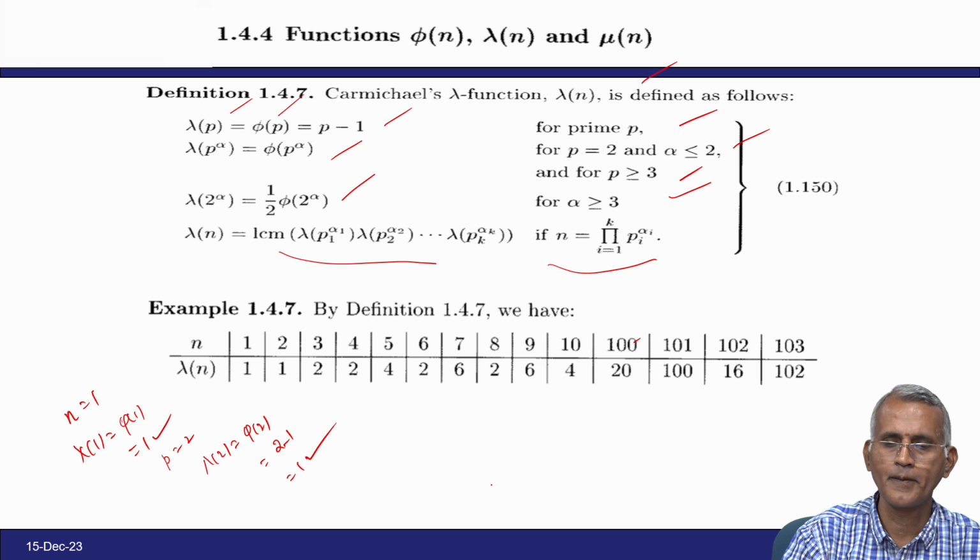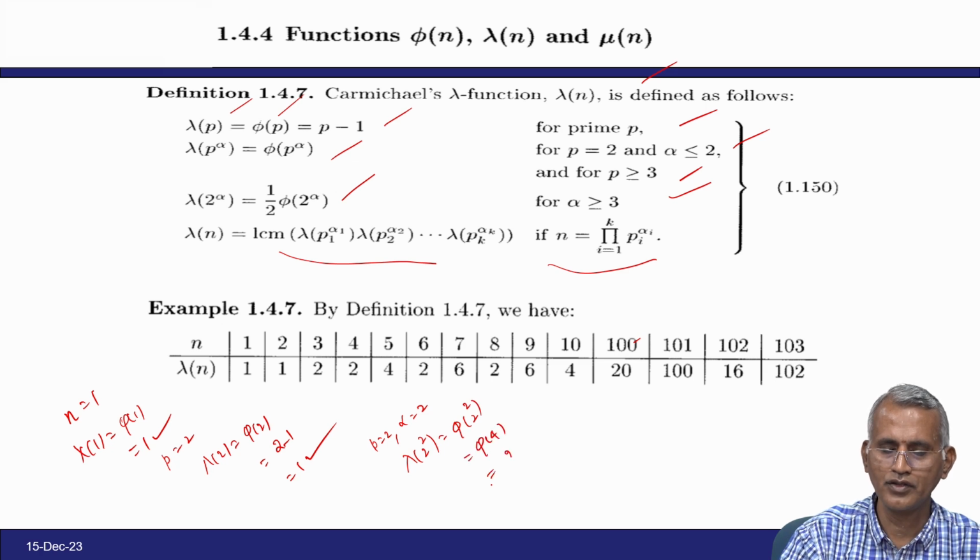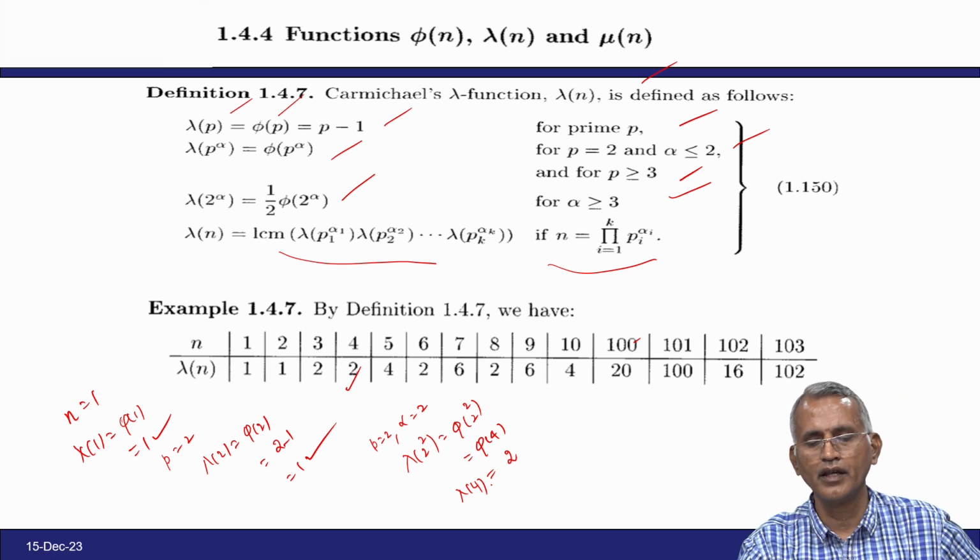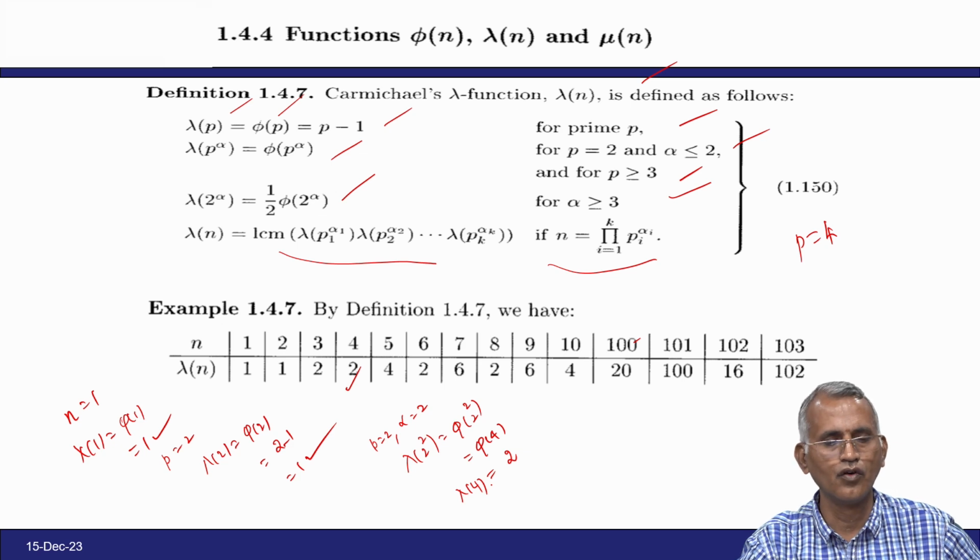If you take p equal to 2 and alpha equal to 2, then lambda of 2 square is equal to phi of 2 square, which is equal to phi of 4. Phi of 4 is 2, therefore lambda of 4 is also 2. So it holds good. And if p is greater than or equal to 3, you start with 4.